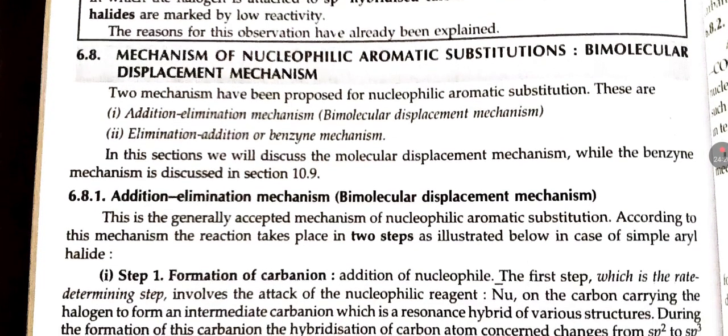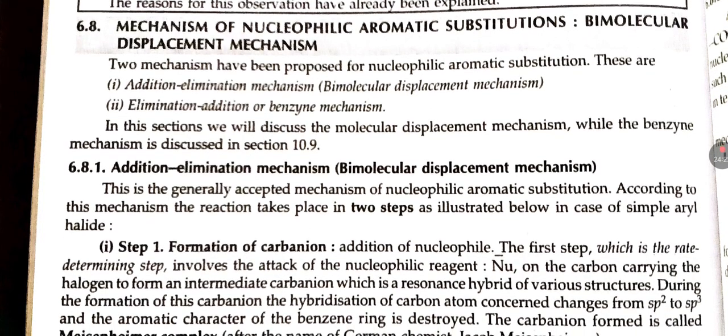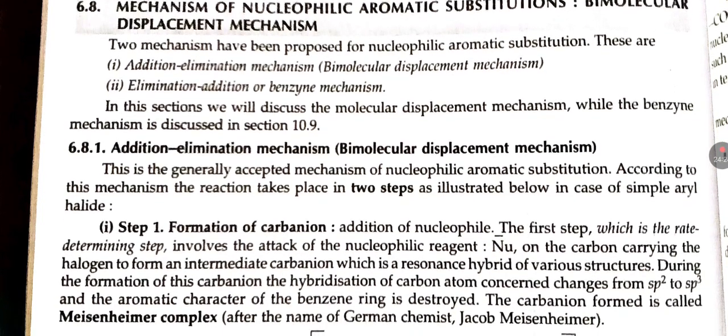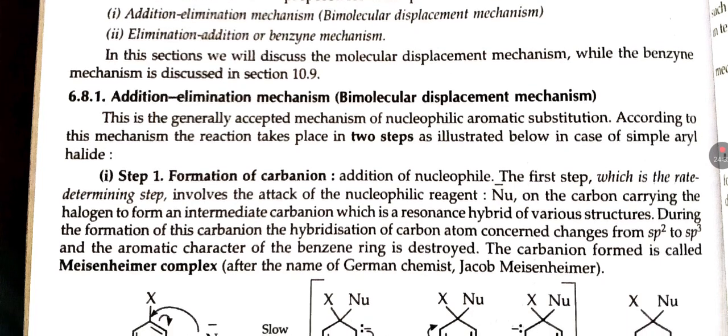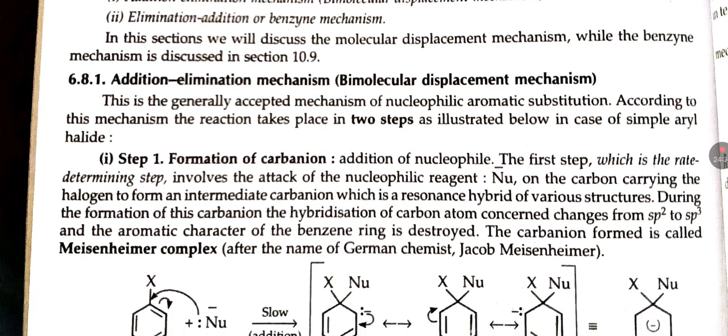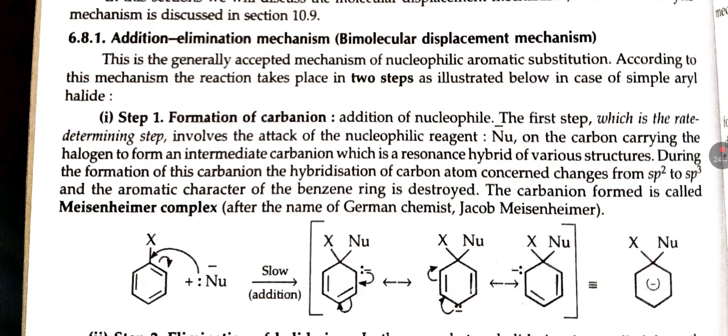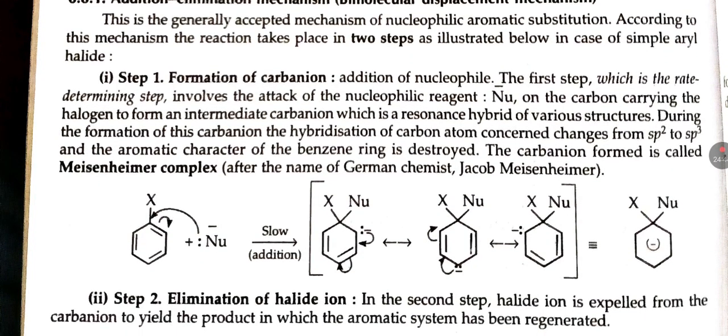Mechanism of nucleophilic aromatic substitution by molecular displacement mechanism. Two mechanisms have been proposed: addition-elimination mechanism and elimination-addition or benzyne mechanism. Addition-elimination mechanism. This is the generally accepted mechanism of nucleophilic aromatic substitution. According to this mechanism, the reaction takes place in two steps. Step 1, formation of carbanion.